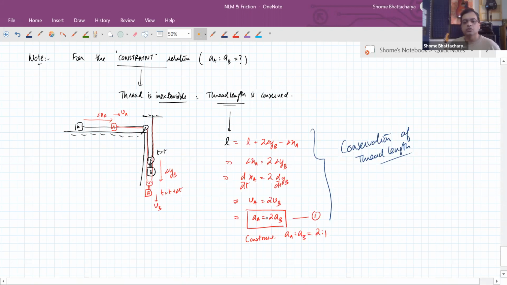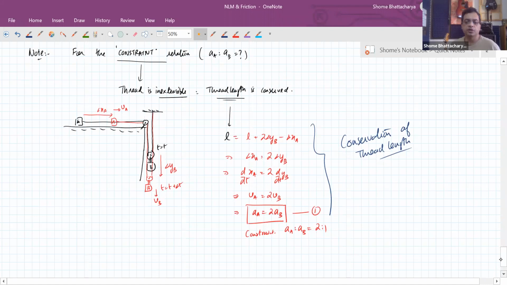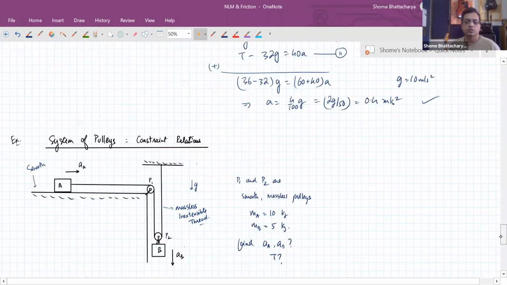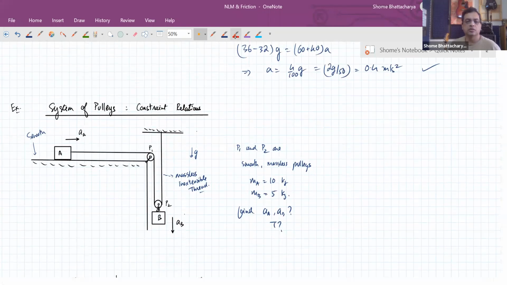Okay, so this becomes the first equation that we have. Now the rest of the thing is about the free body diagram. If we look at the forces in this diagram, we can quickly make the free body diagram from that.